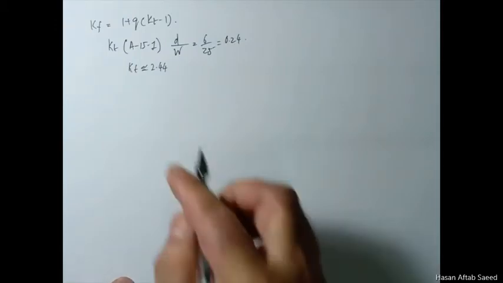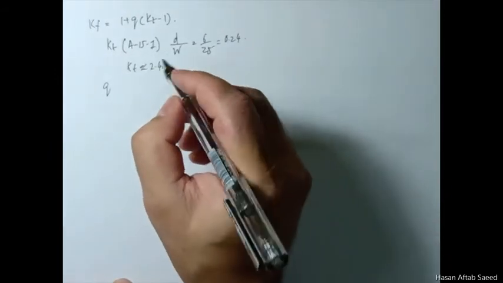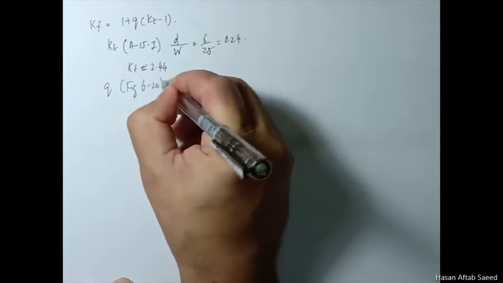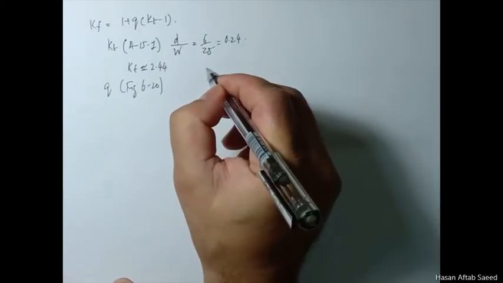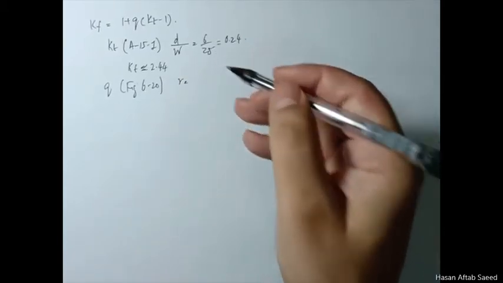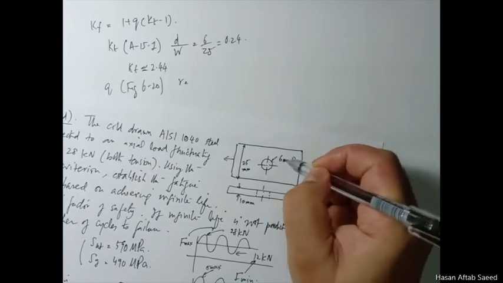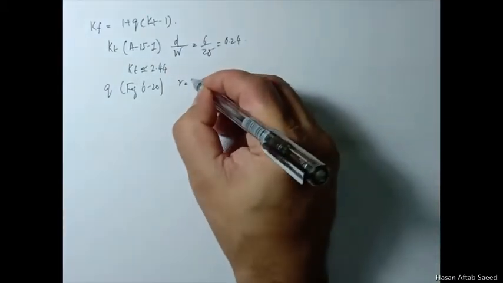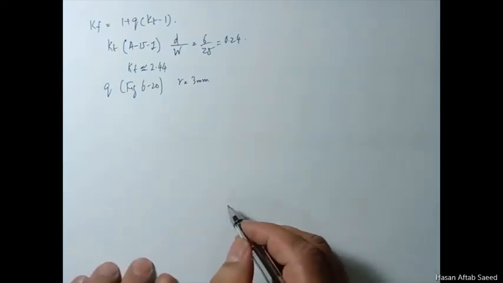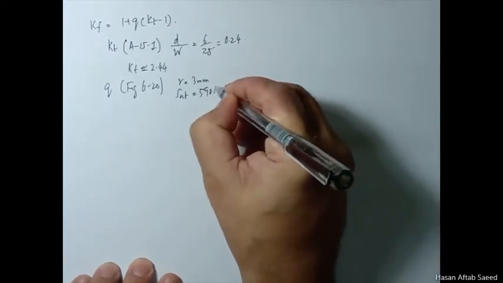Now what about q, the notch sensitivity? Because it's a normal stress situation, it can be read from figure 6-20, which asks you about the radius, in this case the radius of this hole, which is 6 divided by 2, 3 millimeters. You also need to know the material, and Sut for this we already know is 590 MPa.